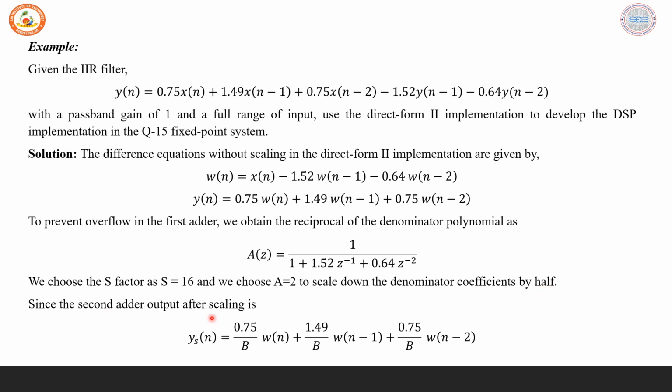Since the second adder output after scaling is given as ys of n, we get the scaled values as 0.75 by b, 1.49 by b, 0.75 by b respectively. And this comes from the second equation after scaling by b.